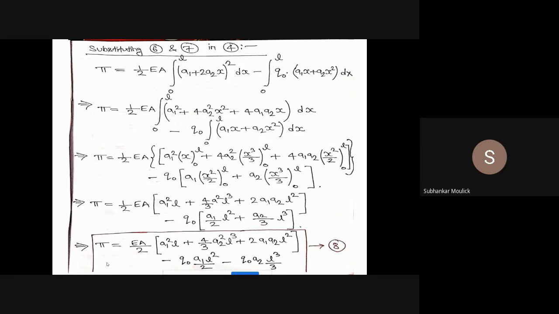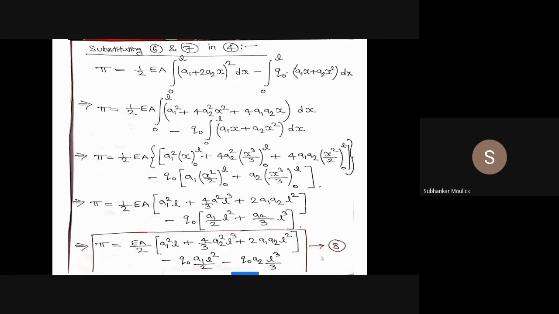So the resulting potential function for the problem, after substituting du over dx and u in the modified form of the potential function, becomes pi is equal to EA by 2 in bracket a1 square L plus 4 by 3 a2 L cube plus 2 a1 a2 L square bracket close, minus q naught a1 by 2 L square plus a2 L cube by 3, which is equation number 8.